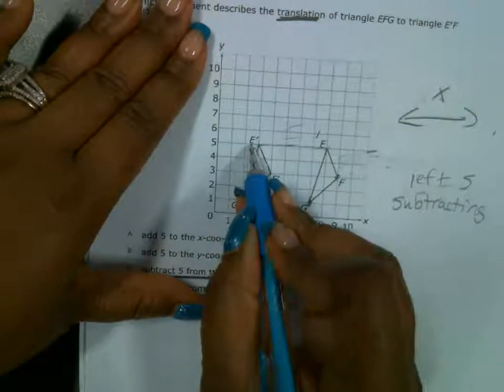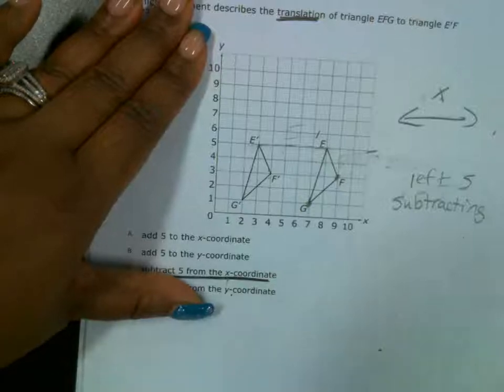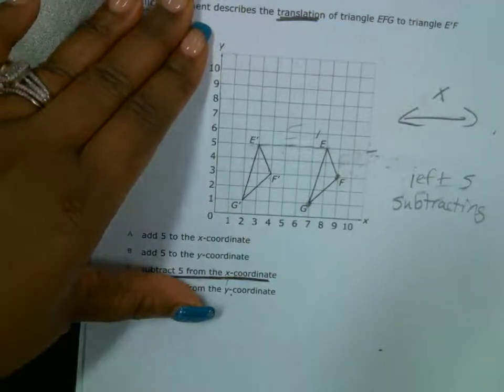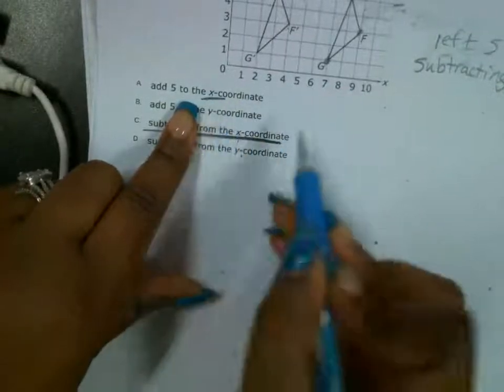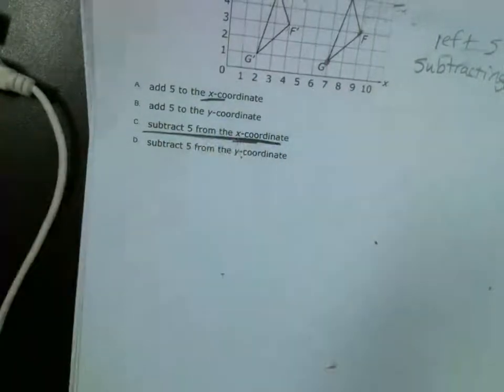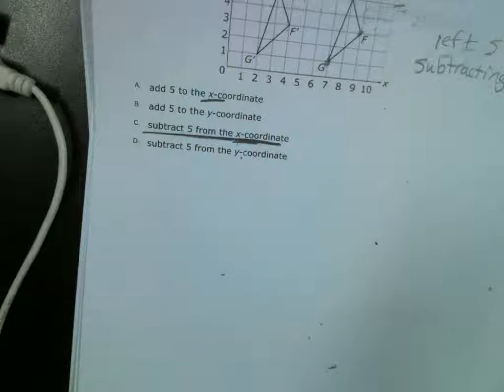Does that make sense? Going to the left is talking about the x-axis. So that's why you need to look for the x coordinate. This is x, this is x. Because you're going to the left. Left is talking about the x. If it went up or down, then you would be talking about the what? The y. But since you're going to the left or right, that's x.